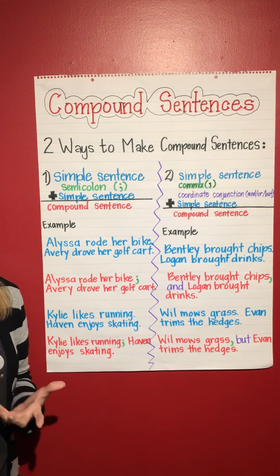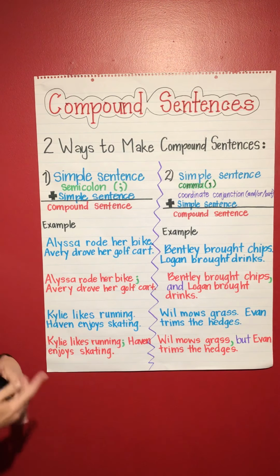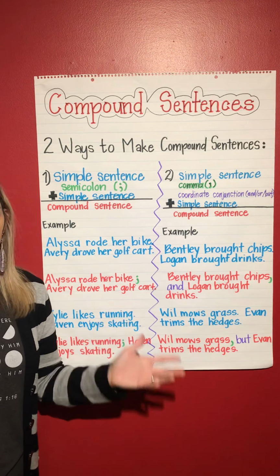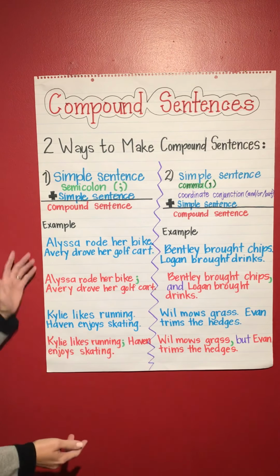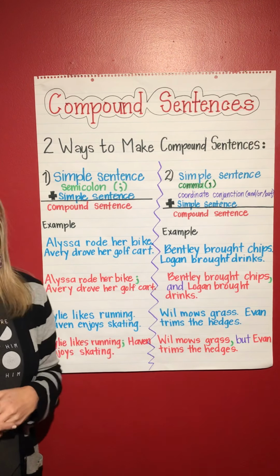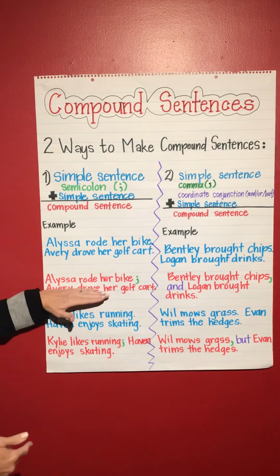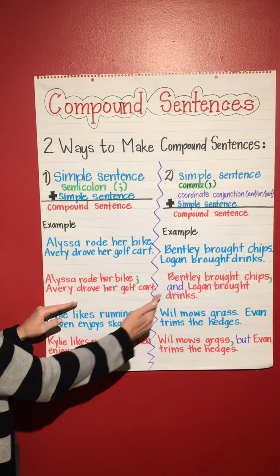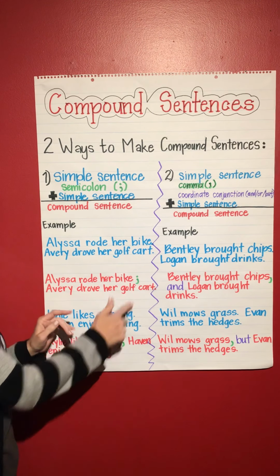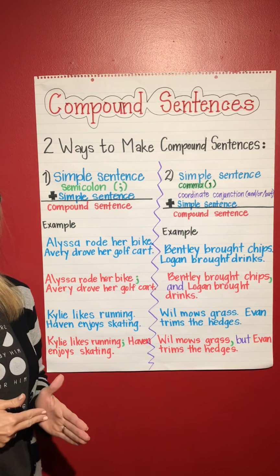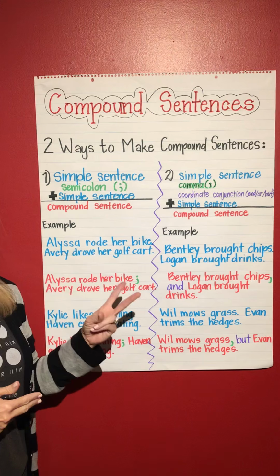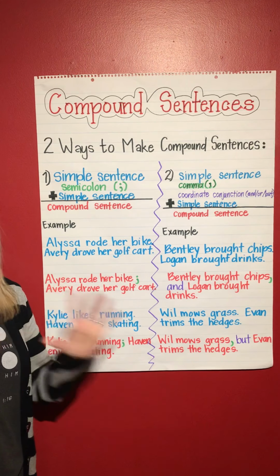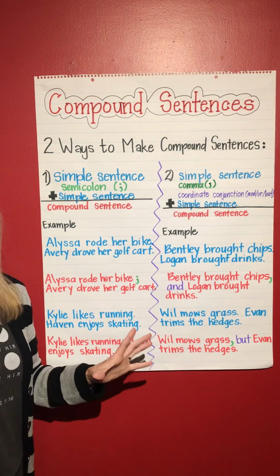They relate sort of to the same thing. Alyssa rode her bike; Avery drove her golf cart. So that's a compound sentence. Even though it looks like 2 separate sentences, it's combined with this semicolon, and that makes it a compound sentence. It has 2 different subjects, 2 different verbs and 2 totally separate thoughts.